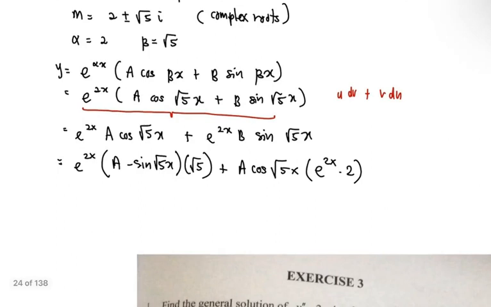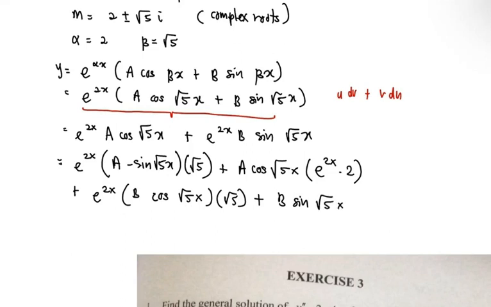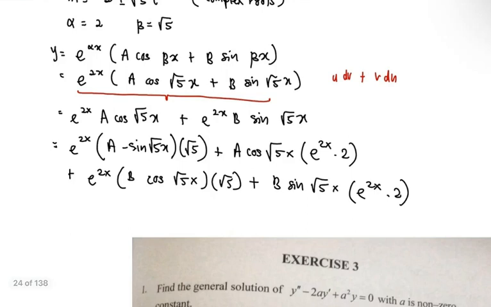Second part: u is e to the power 2x, and dv is b sin, we get cos root 5x multiply root 5, plus b sin root 5x multiply e to the power 2x times 2. Alright, so this is for y prime.